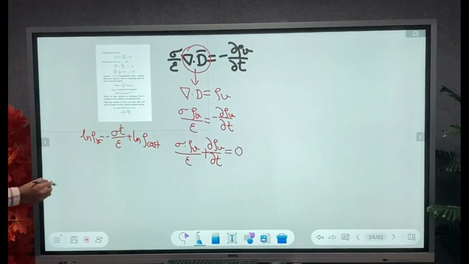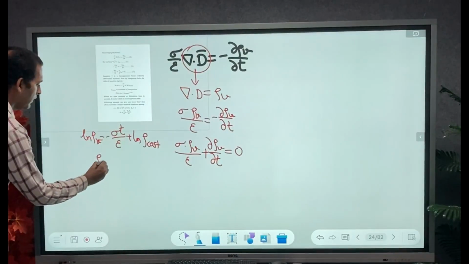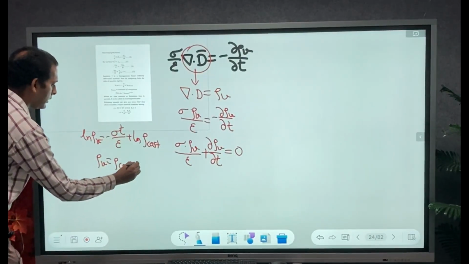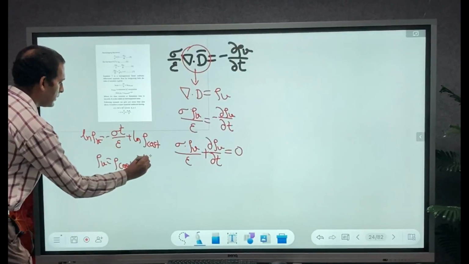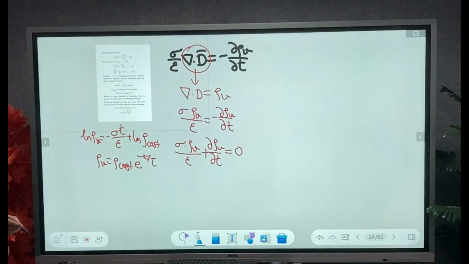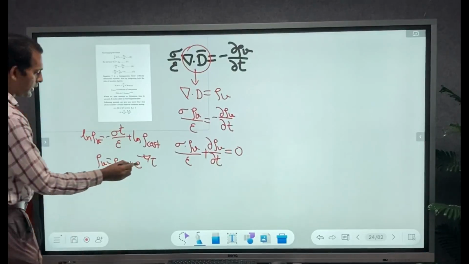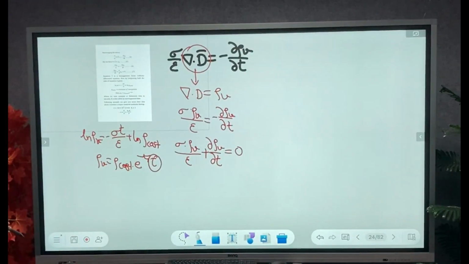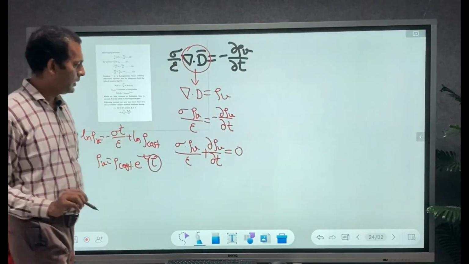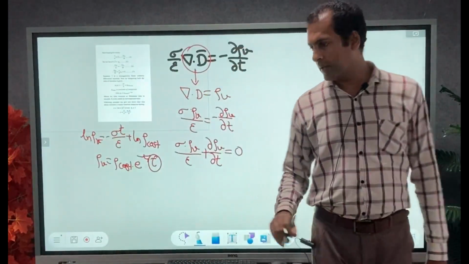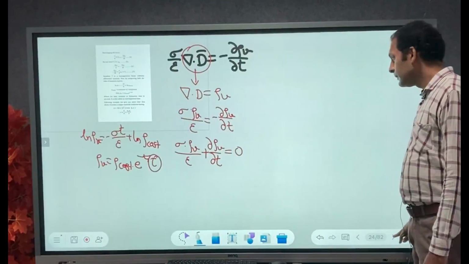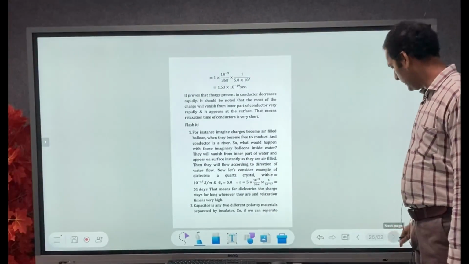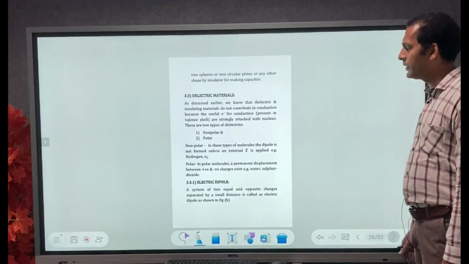So from here rho V is equal to rho naught e to the power minus t by tau. This tau term is called the relaxation time. So this is the expression for relaxation time, and this is one example. Based on that, we will see examples in a separate session.